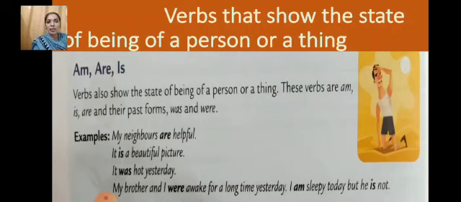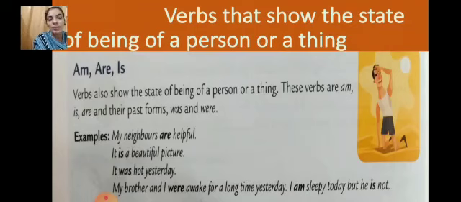These verbs are am, is, are, and their past forms was and were. It means they are not used with the main verbs, but they are telling what the person or thing is or was. Okay, children?